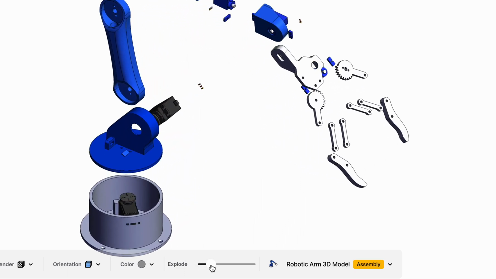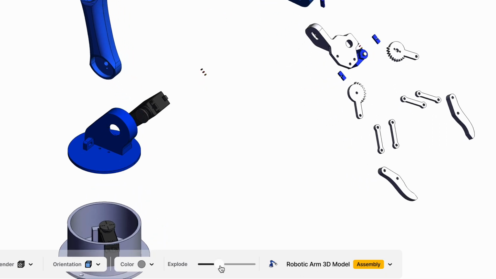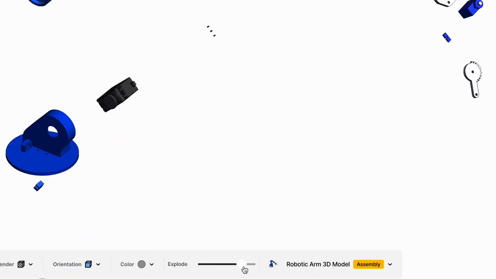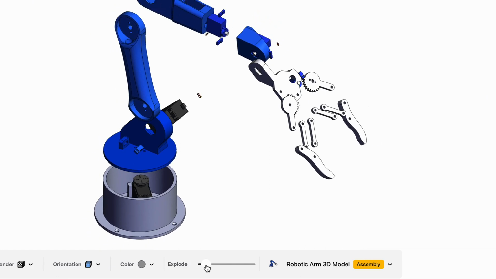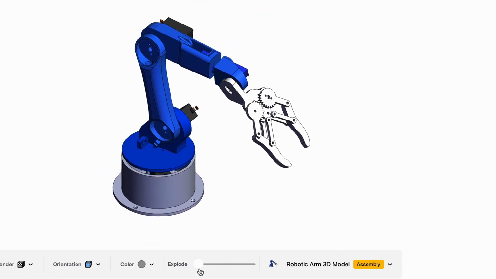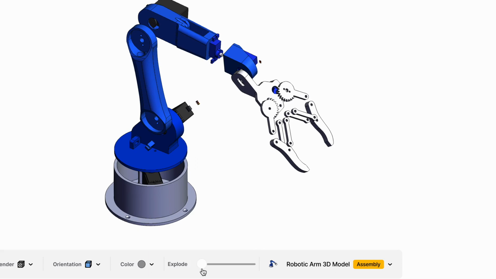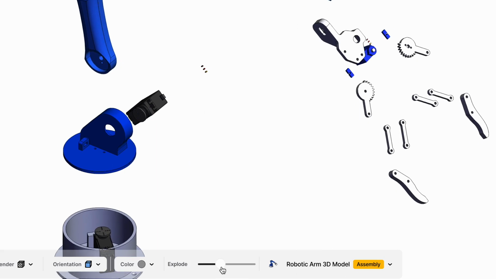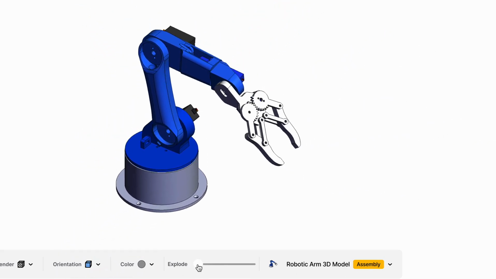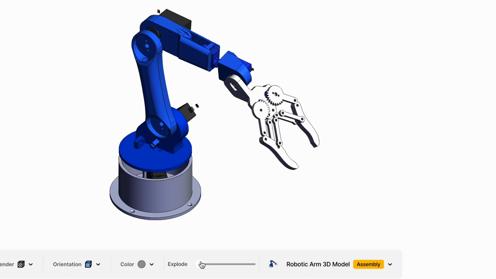And after that we can 3D print each component, or if the components are available in the market, we can buy them from there, and we can build our robotic arm. As you can see, this is a very simple robotic arm which works with small motors, and the necessary cogwheels are there.